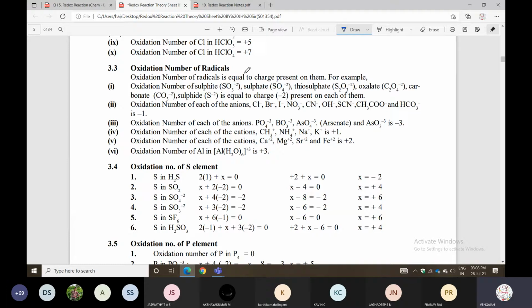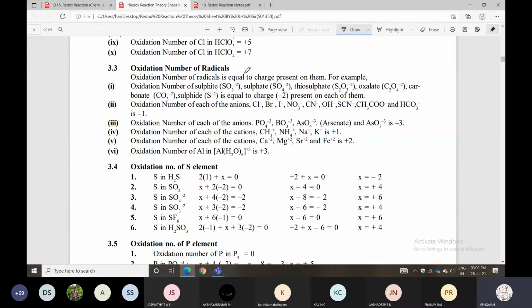Again, listen: sulfite, sulfate, thiosulfate, oxalate, carbonate, sulfide, the charge is -2. The oxidation number of each anion is -1 for chloride, bromide, iodide, nitrate, cyanide, hydroxide, thiocyanate, acetate. All these containing -1 charge will be given.